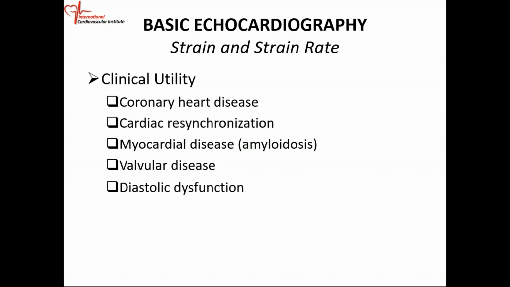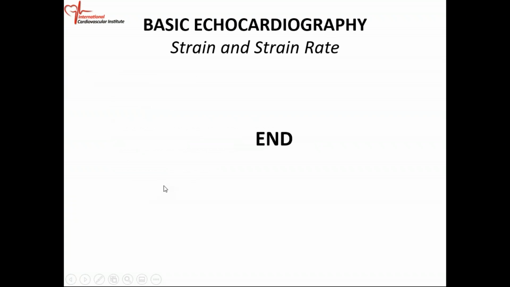And we can use strain and strain rate to help us in that regard. Myocardial disease, and you're going to see some of these myocardial diseases have specific strain patterns, and one of them is amyloidosis. Okay, so some heart diseases have specific strain patterns. Once you look at the strain, you can say, oh, this is most likely this heart disease. You can use it for valvular heart disease and diastolic dysfunction as well.